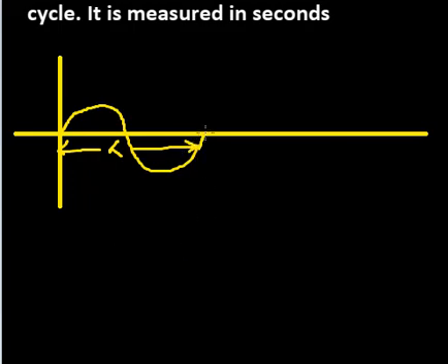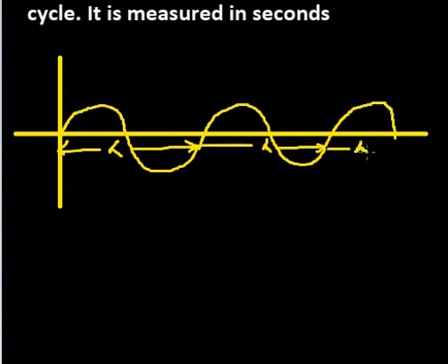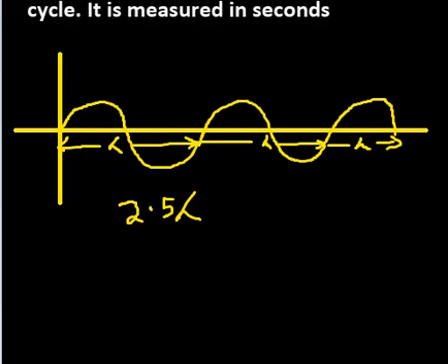So if I go further and draw more, you discover that this is one wavelength. From here to here is another one wavelength. Then from here this is half wavelength. So the total of this wave is 2.5 wavelengths. Please take note of that.